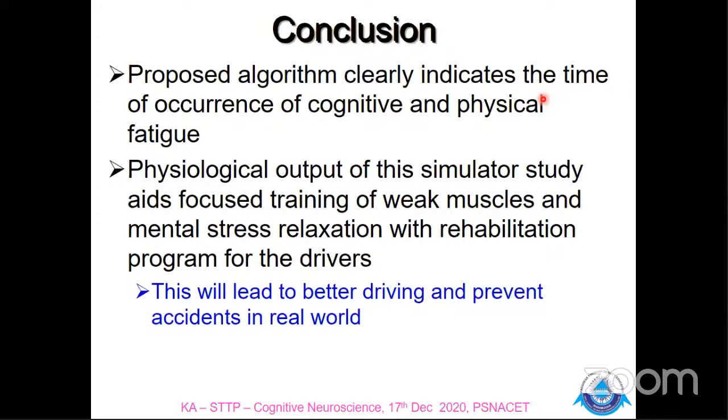So what does the simulator study give? We can get some basic results about the corresponding drivers. Suppose they are mentally very tired within half an hour; from the result, we can give some rehabilitation training and mental relaxation training. So the simulator study can give the result about the driver's level during driving.